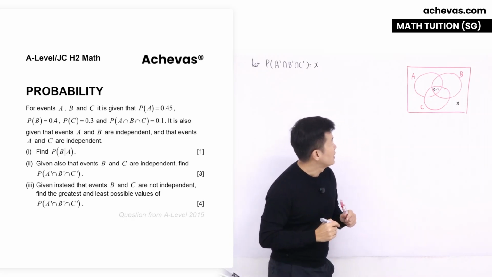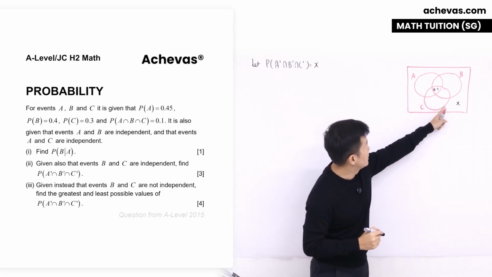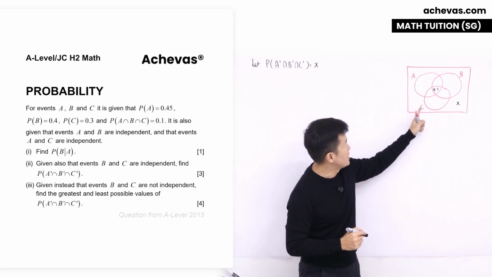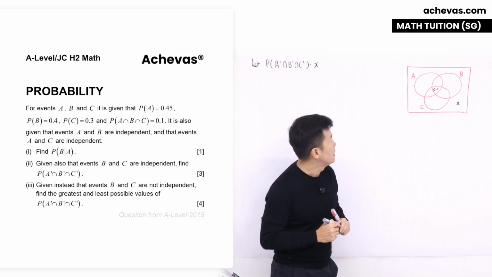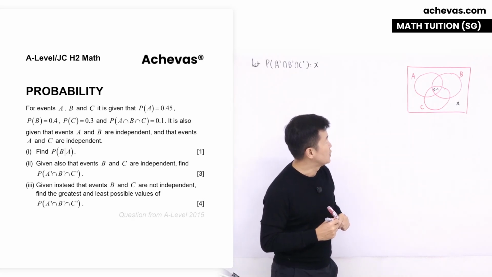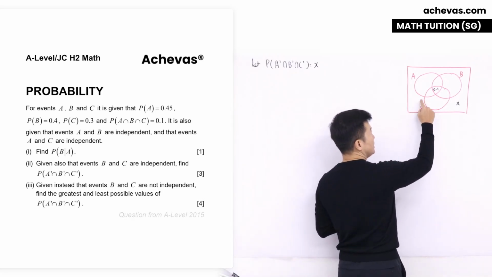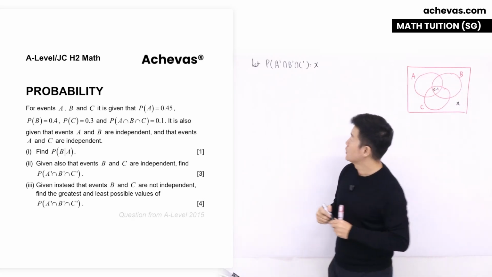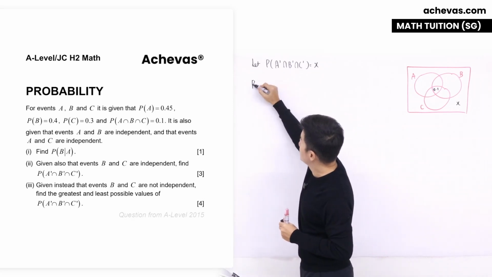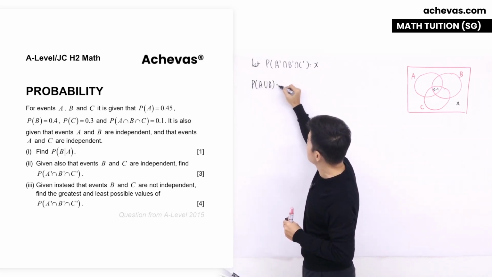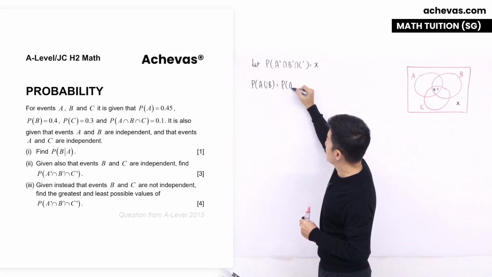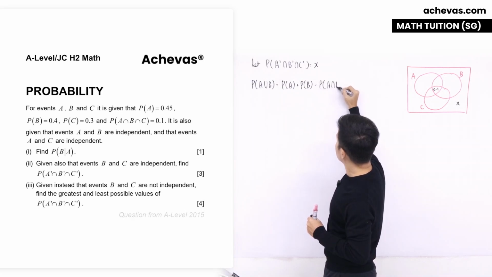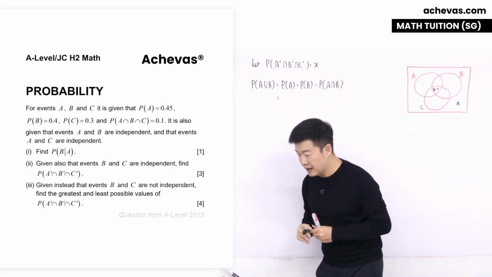For example, I think we will be able to fill in the probability of this region, the region that is outside A, outside B, and inside C. Because to find this region, what we will need to do is to take this minus away A union B. So let me first find the probability of A union B. Probability of A union B is going to be probability of A plus probability of B minus probability of A intersect B. Probability of A is given to us.